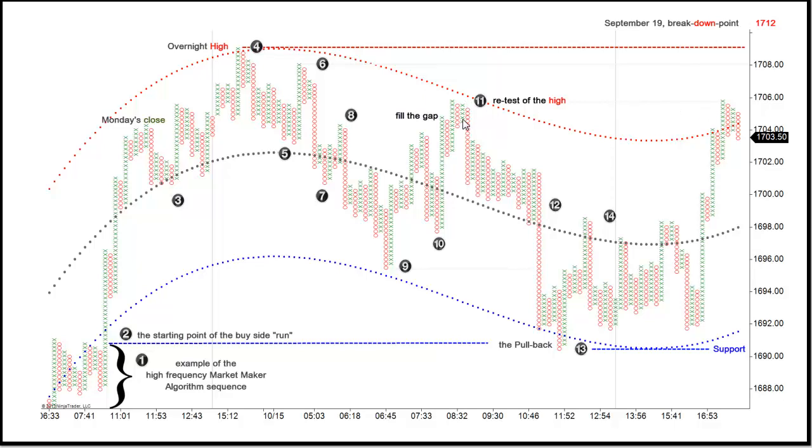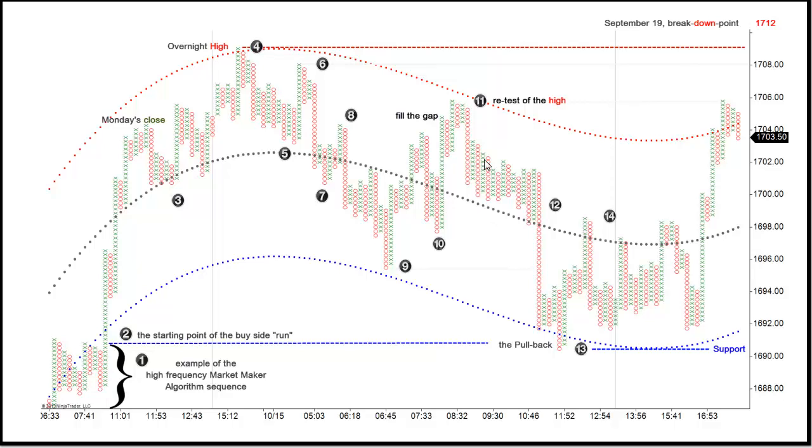On the retracement back to the 1706 price level, selling pressure returned. The market gradually sold down from the high, but the trade sequence was once again limited to the market maker algorithm, a similar pattern that we observed during Monday's open.